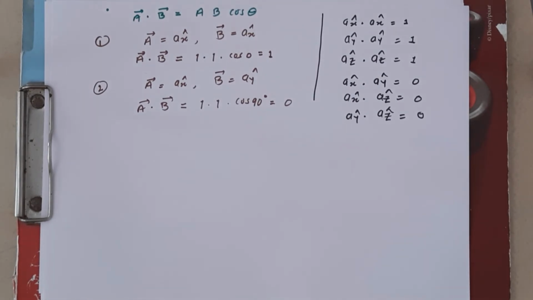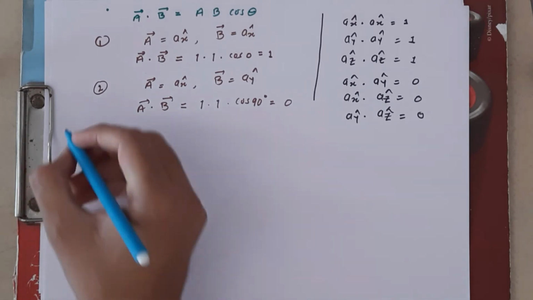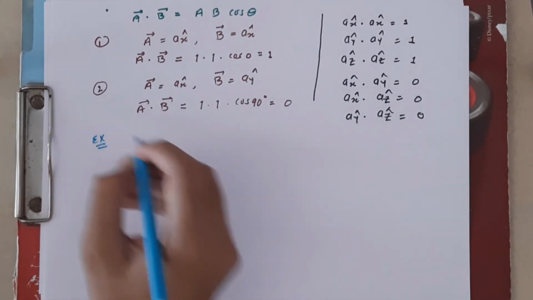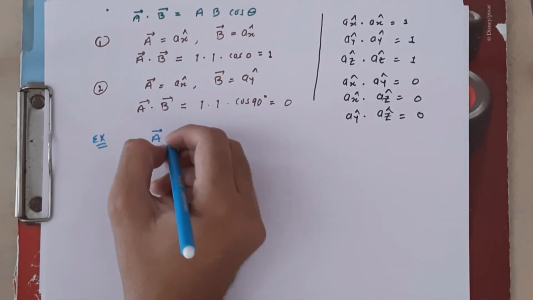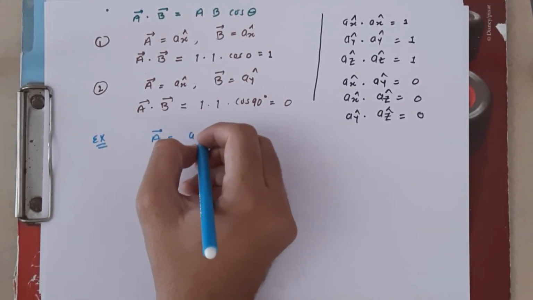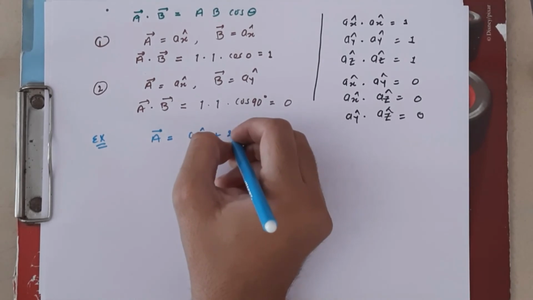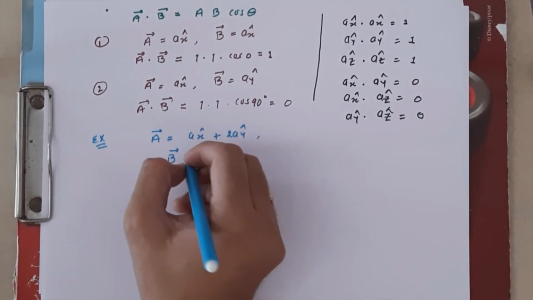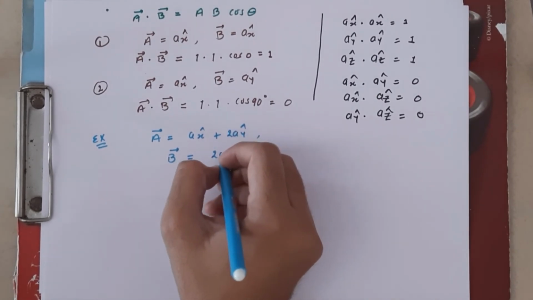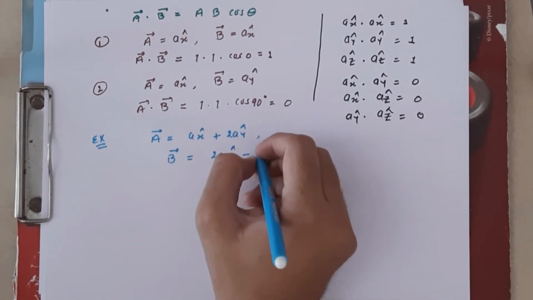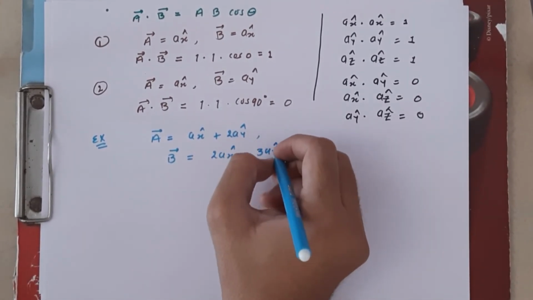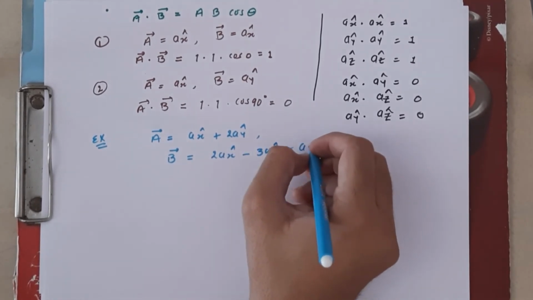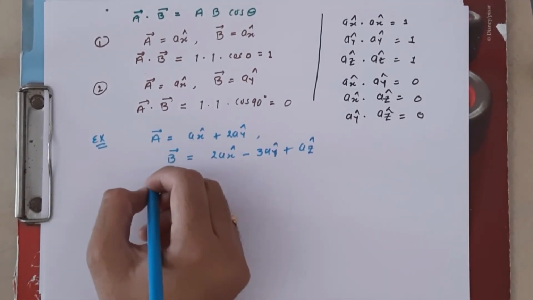So this is the meaning of the dot product. Now I will give one assignment. One example: vector A is equal to AX plus 2AY, vector B is equal to 2AX minus 3AY plus AZ.